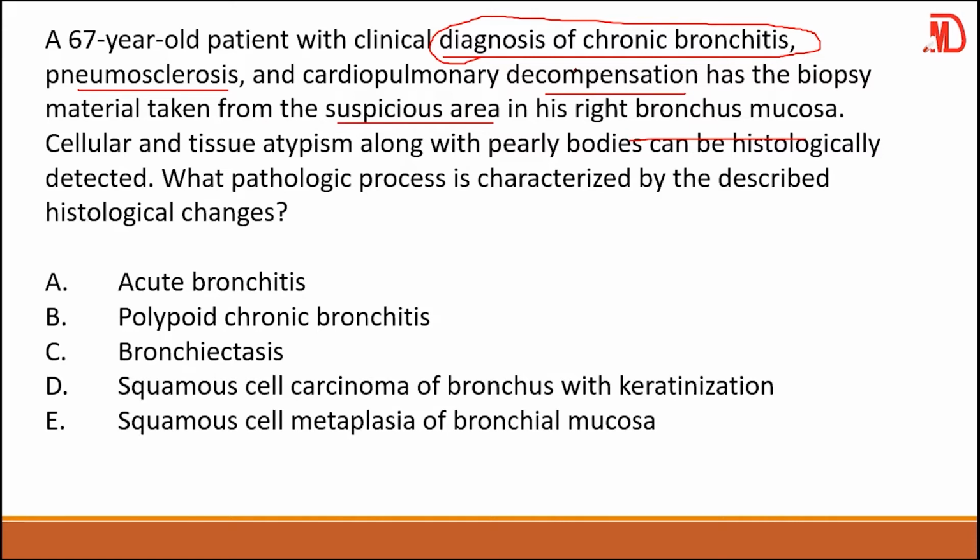Good. So now this person has developed bronchitis, there's pneumosclerosis, and there's what? Decompensation. When we say decompensation, it means now the body is no longer able to compensate for the inability of the lungs to undergo respiration or to exchange gases.